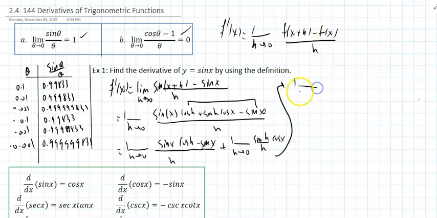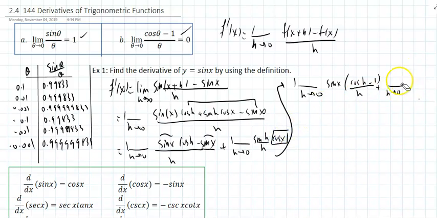That's going to be the limit as h approaches 0. I'm going to factor a sine of x out of this. I'll be left with cosine of h minus 1 over h plus the limit as h approaches 0. Well, this is independent of h. So that's a constant as far as h is concerned. You know what? Let me write it in 2 steps.